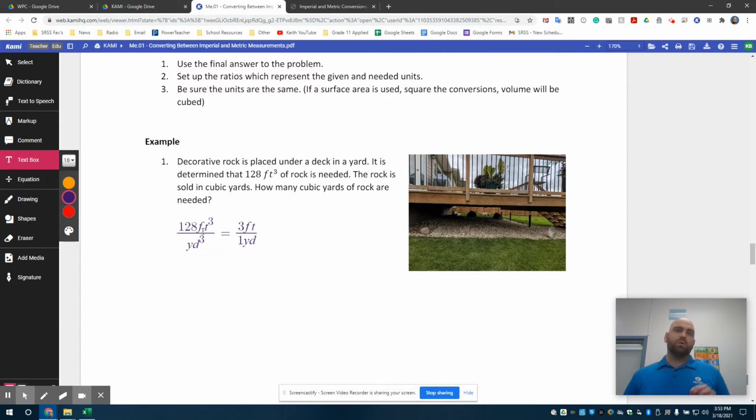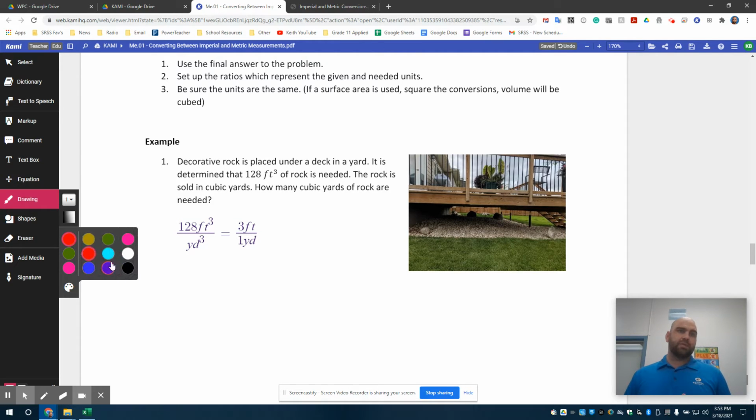You will notice though that we have cubic feet and regular feet. That's different. So what we need to do is change that to cubic feet and cubic yards. I'm just going to do this as a little bit of a drawing here. We're going to take this value and cube it, and we're also going to do the same thing on the bottom. 3 feet times 3 feet times 3 feet, and 1 yard times 1 yard times 1 yard.